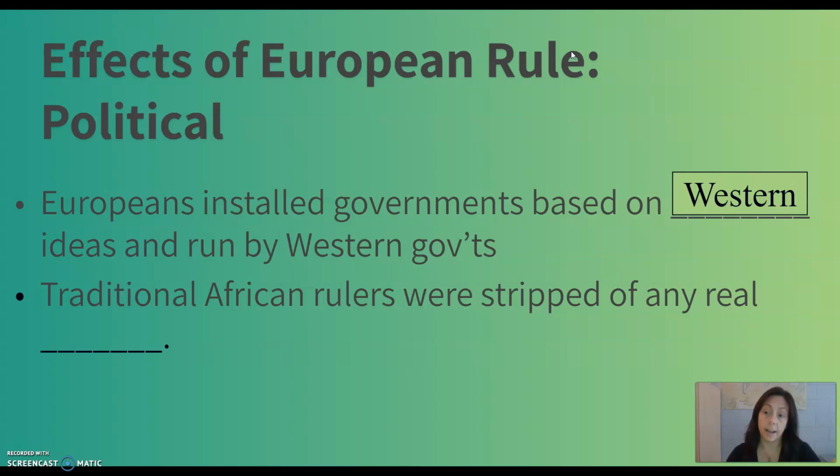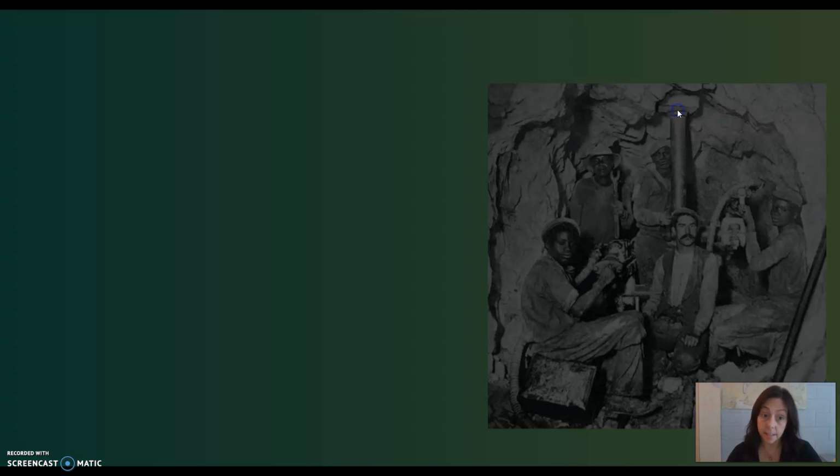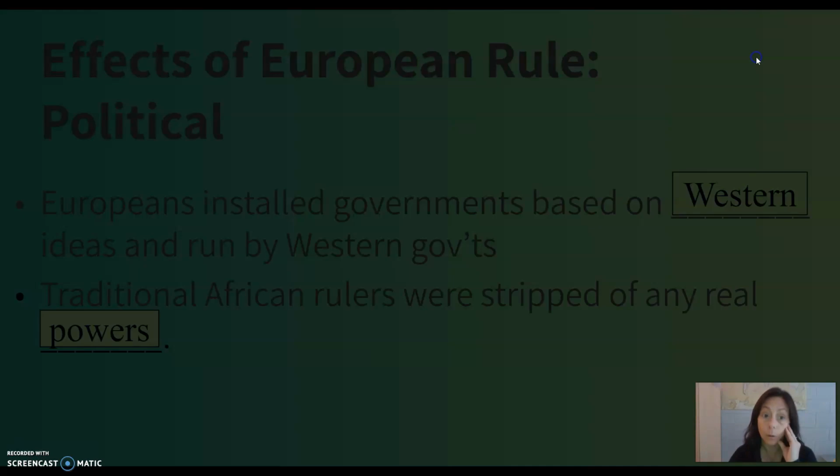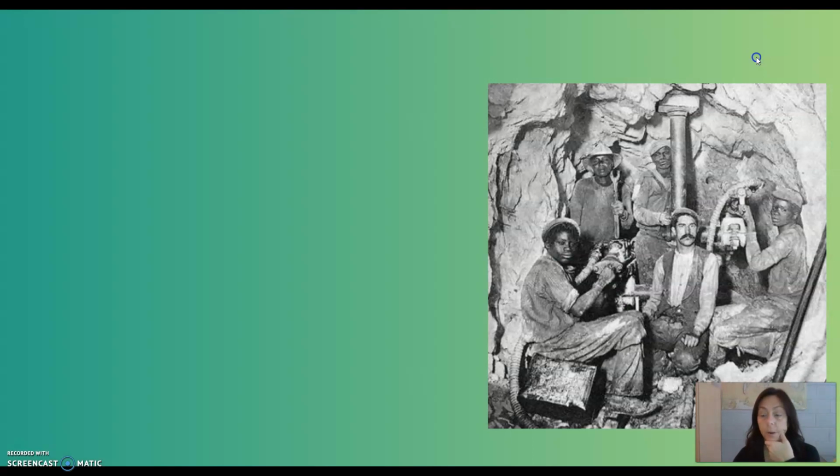All right, so you have a lot of effects of European rule in Africa, such as creating governments that are now based on Western ideas and run by Western governments. Traditional African rulers that were really powerful tribal leaders were stripped of any real power, completely uprooting their way of life.